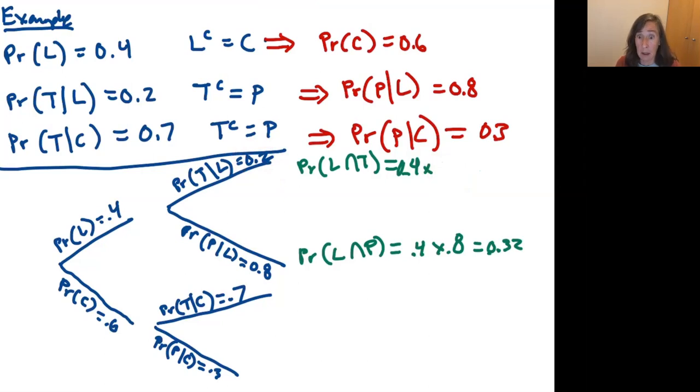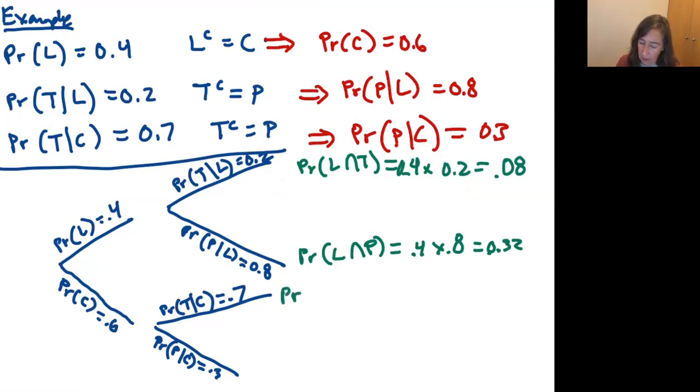The probability of being liberal and traditional is the probability of being liberal, and then traditional conditional on liberal, which is 0.2, and that is 0.08. Looks good so far. Let's see how I do in the other branch of the tree.